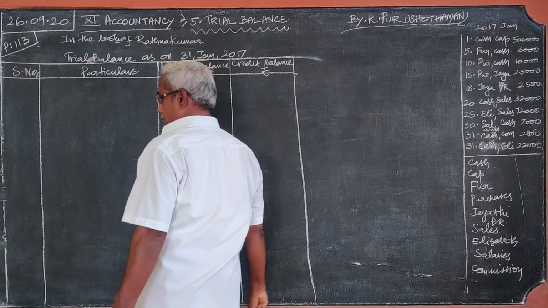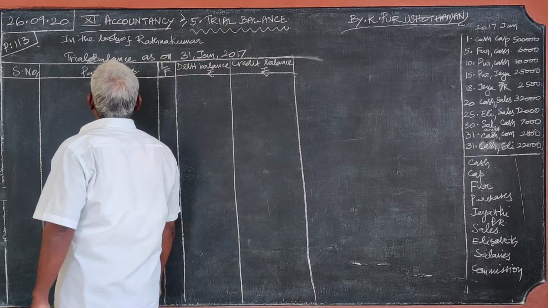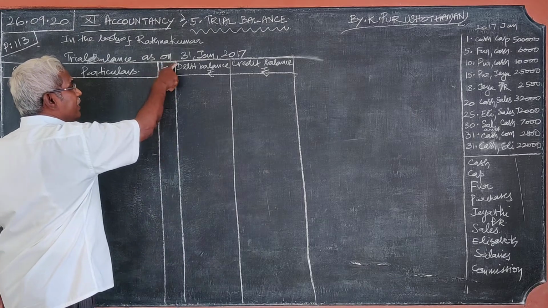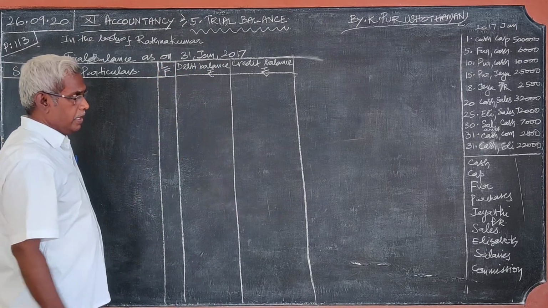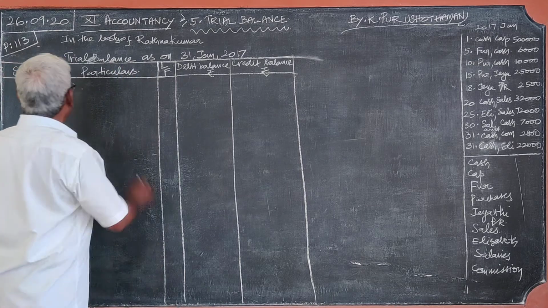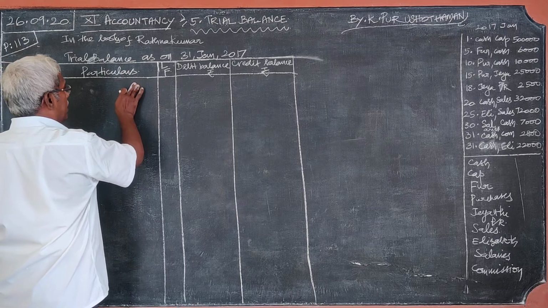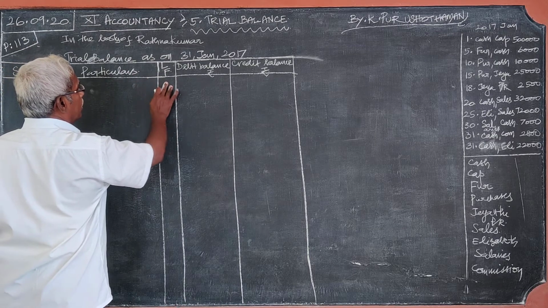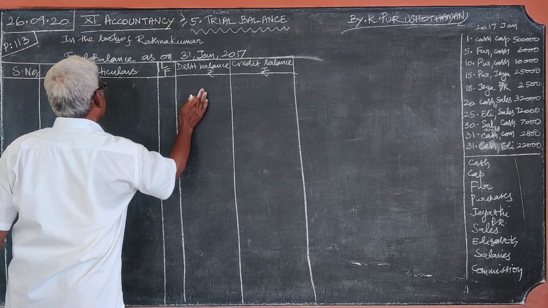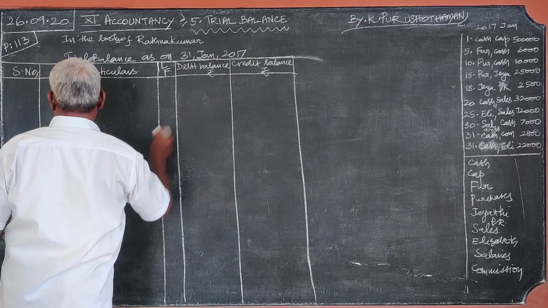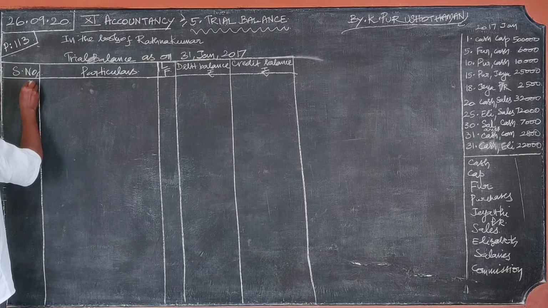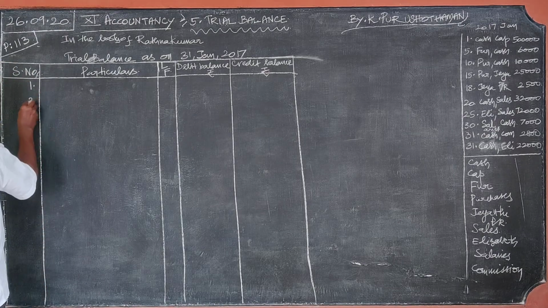So when we are preparing the trial balance, it is on the last date of the accounts. See the format: serial number, particulars, ledger folio, debit balance rupees, credit balance rupees. This is the format of trial balance. And how many ledger accounts are there? There are 10 ledger accounts, therefore put 10 serial numbers.